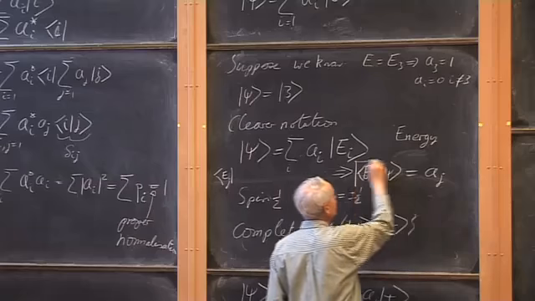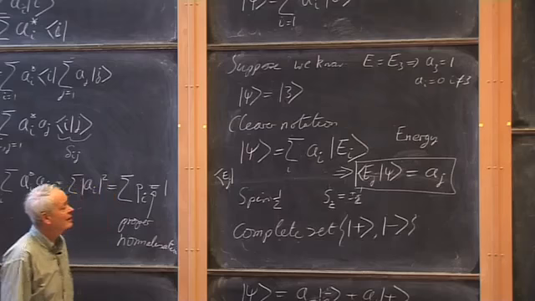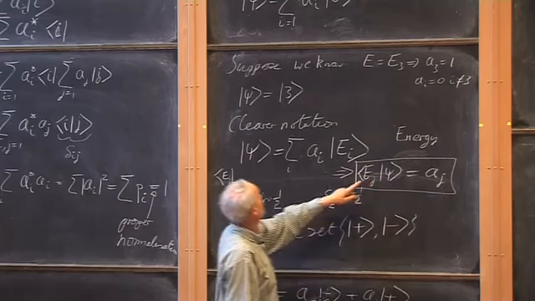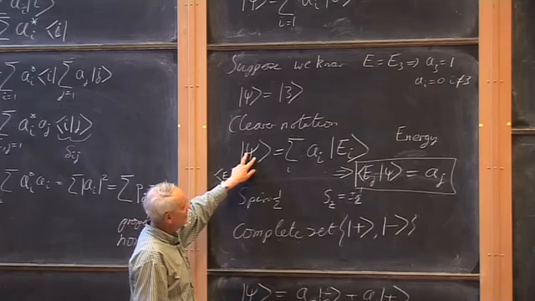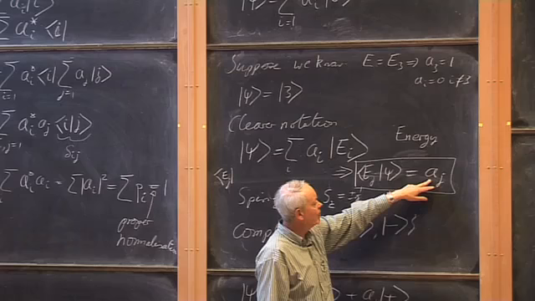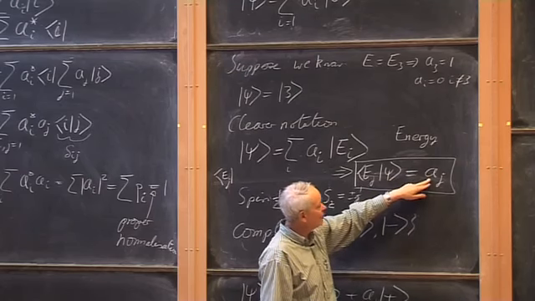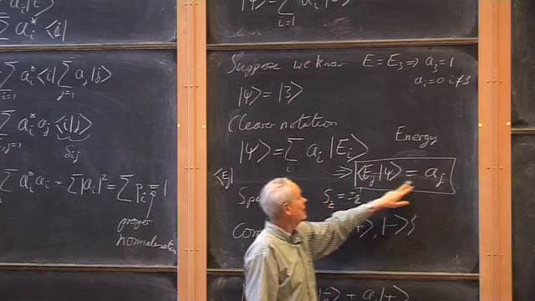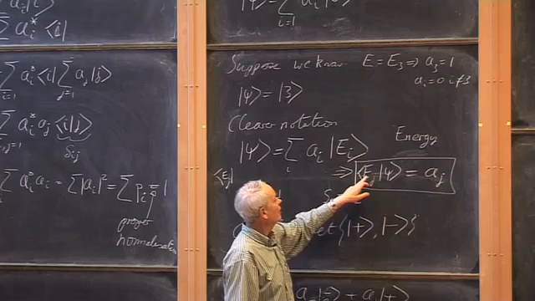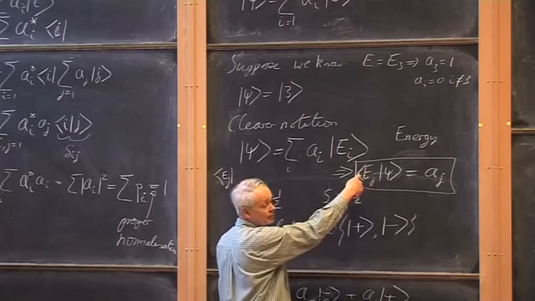Now this is an obvious equation, but it's fabulously important, and it tells us really why we're interested in these animals here, because given a state of my system, it enables me to recover the amplitude for measuring Ej out of the state of the system. The rule is to get the amplitude for something, take the state of your system and bra through by the bra associated with the interesting result of your measurement.